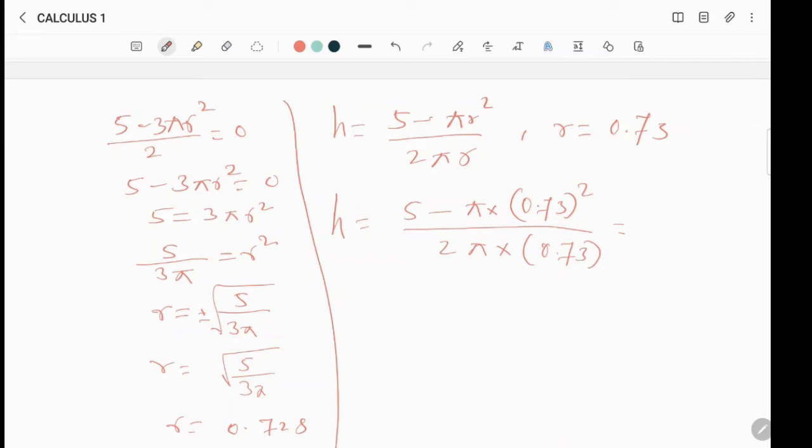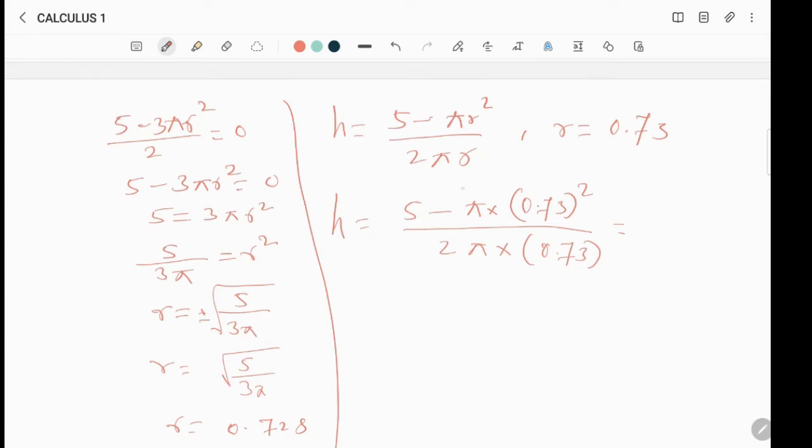Now let's use calculator. 5 minus pi times 0.73 whole square, over 2 times pi times 0.73. So that is 0.72.